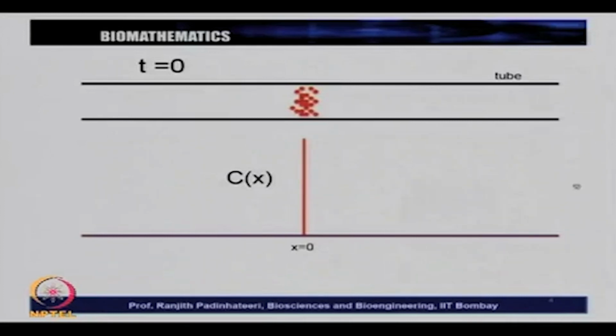Everywhere else the concentration is 0, and the concentration is non-zero only at x equal to 0. Only here you have particles, and here no particles. This is what is written in the form of a graph here.